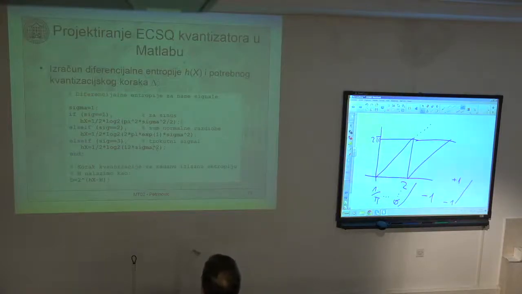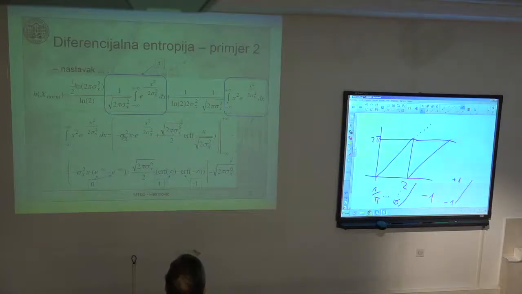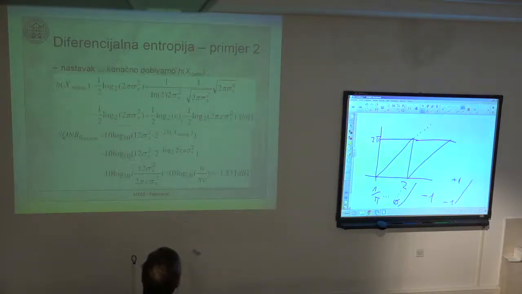Now I compute the differential entropy according to the theoretical expression we have derived. For the Gaussian distribution, for example, if you remember, this differential entropy was... sorry, not that, the final expression is this one.